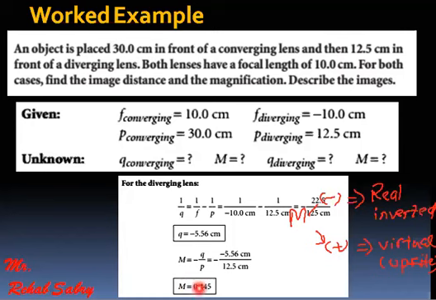But here also it's diminished. Let me remind you that if M is -2, for example, negative means it's inverted, so it's real. But 2 means it's magnified 2 times, or by a factor of 2.